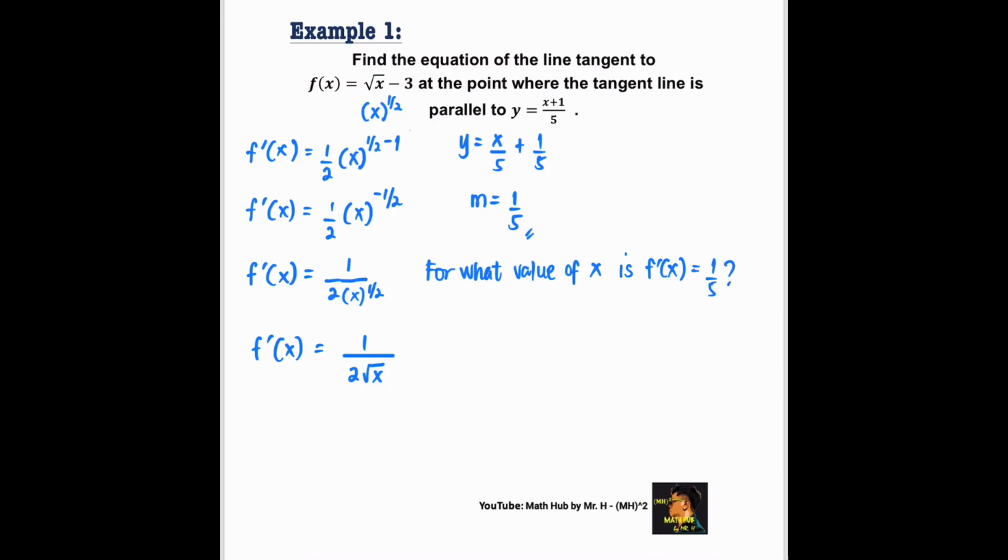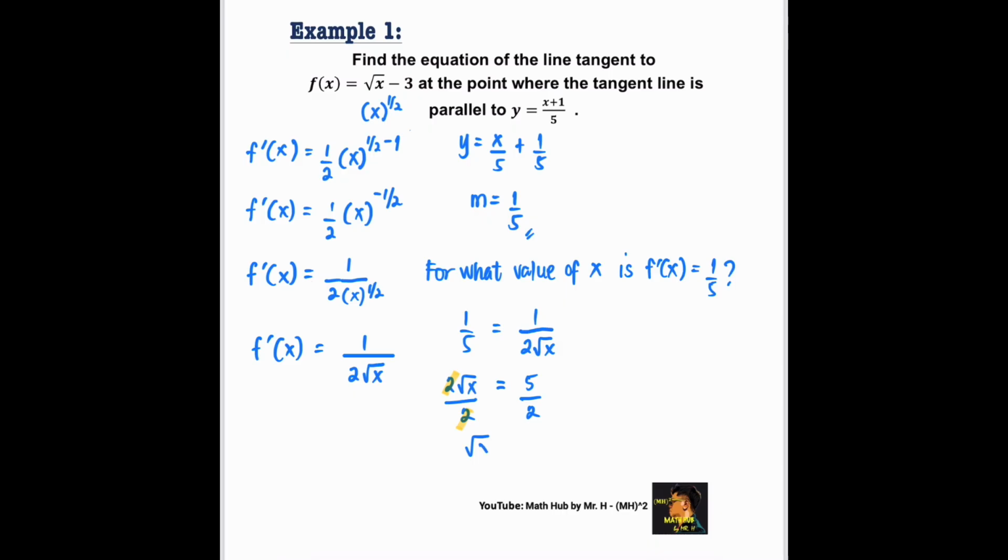Alright, so we need to set up an equation here. So 1 over 5 equals the derivative, which is 1 divided by 2 square root of x. Then we solve for x here. So you see we can cross multiply. This will be 2 square root of x equals 5. Then we divide both sides by 2.